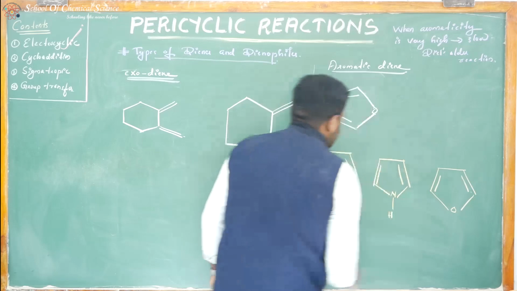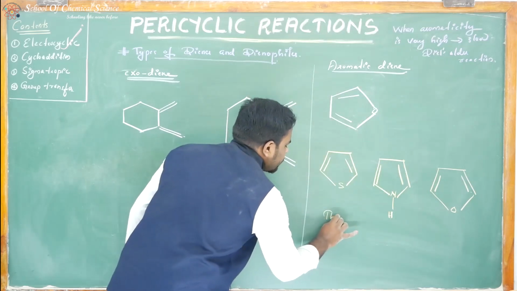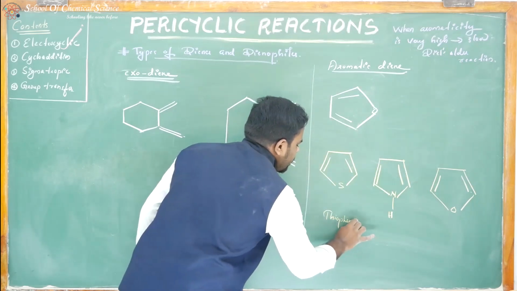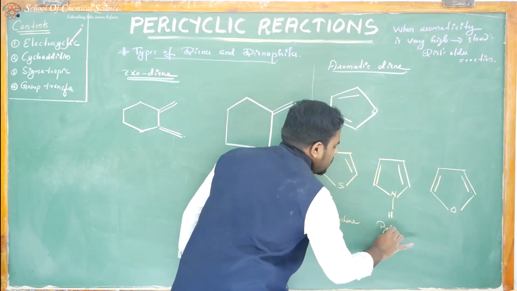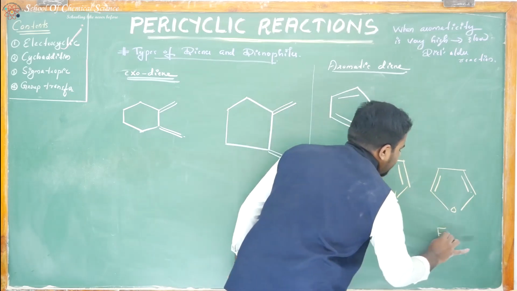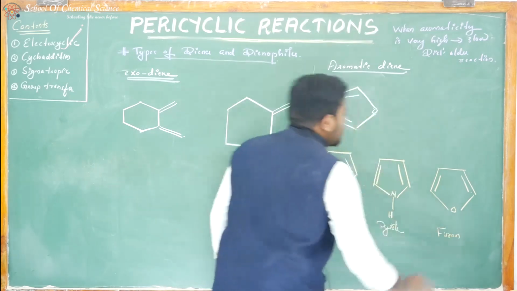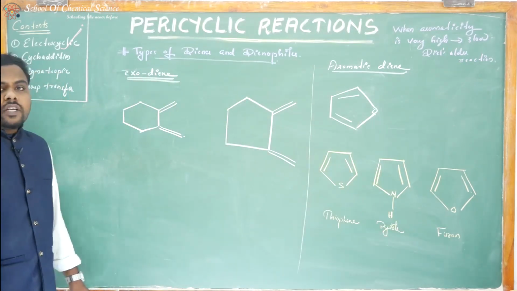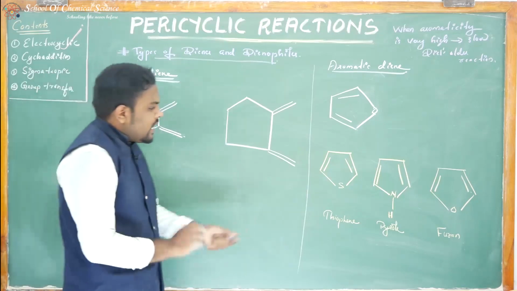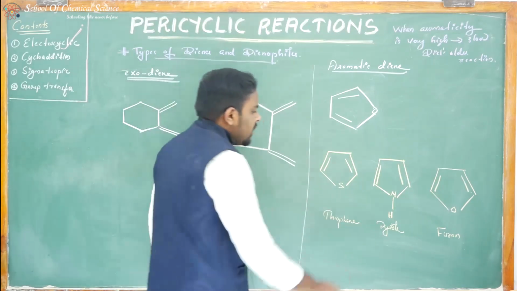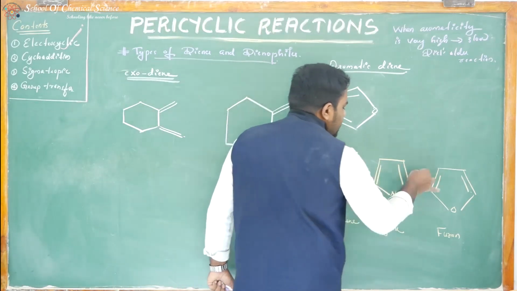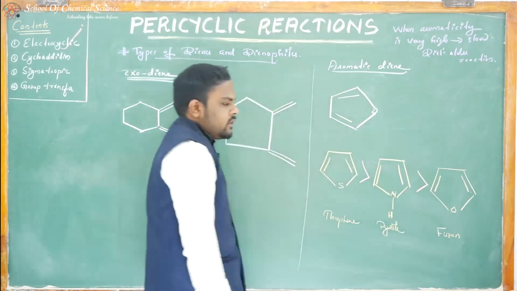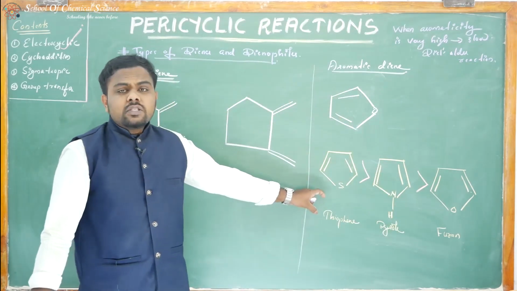Comparing thiophene, pyrrole and furan, which one is most aromatic? Sulfur has the least electronegativity, so it is the most aromatic, then pyrrole, then furan. So thiophene is the most aromatic.